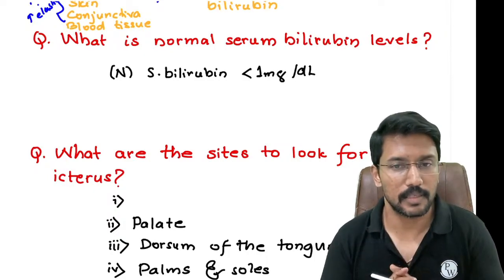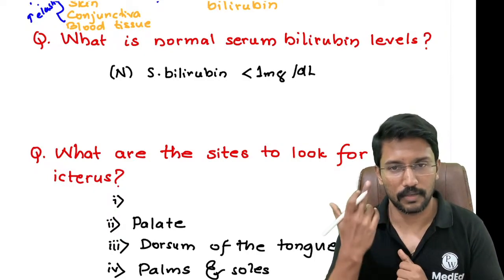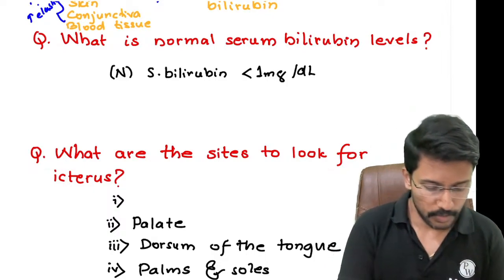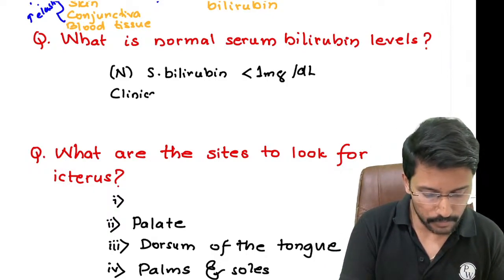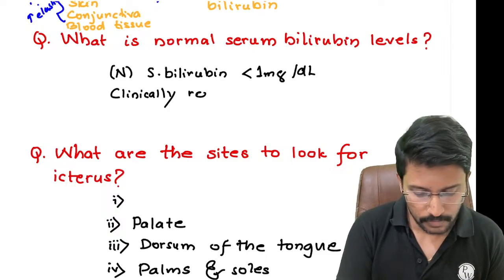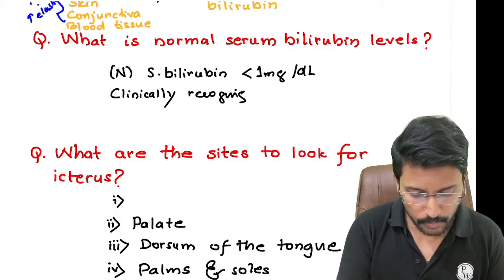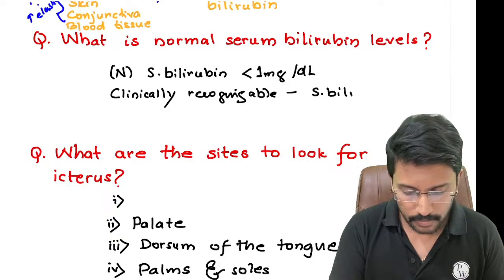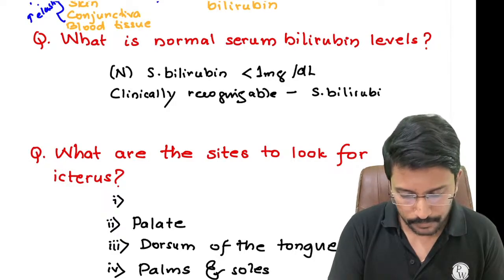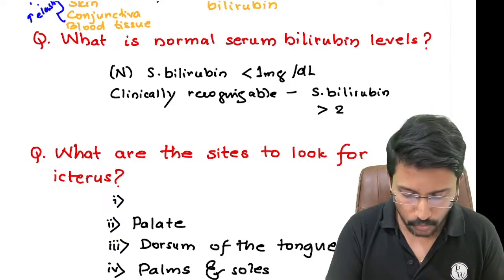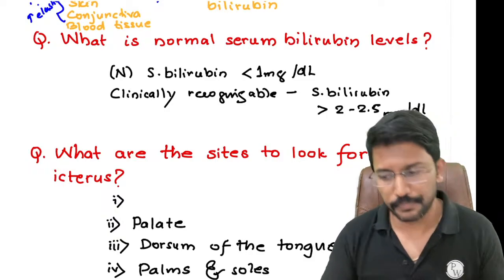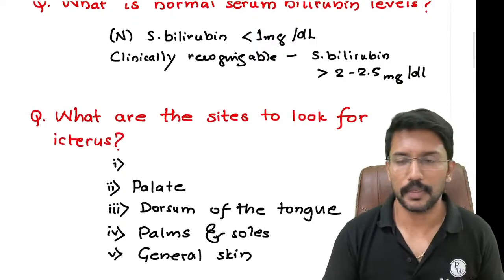So when does it become recognizable on clinical grounds, like when we examine for jaundice? It becomes clinically recognizable when serum bilirubin level is greater than 2 to 2.5 milligrams per deciliter.